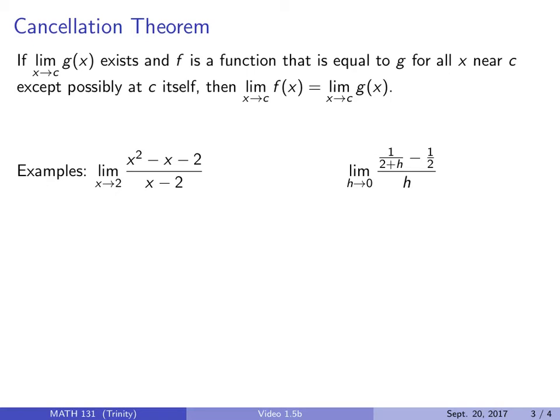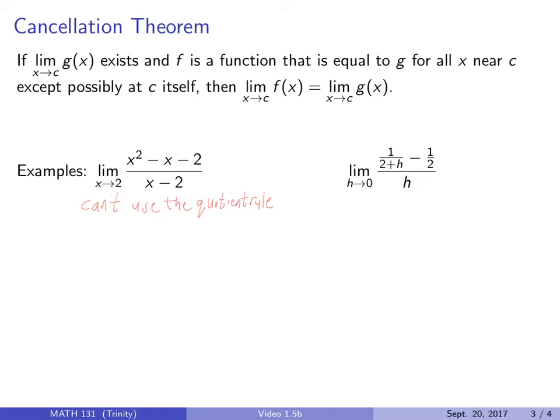And so that doesn't necessarily mean that this limit doesn't exist, it just means I can't use the quotient rule. Or the rule that we just talked about with rational functions, I can't use that one because 2 is not in the domain of this rational function. So I need some other rules to deal with things like this.